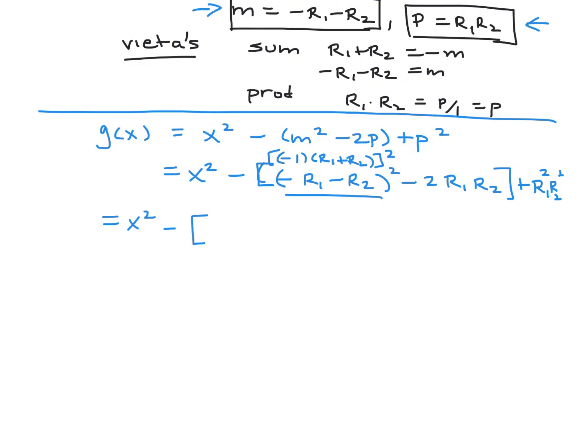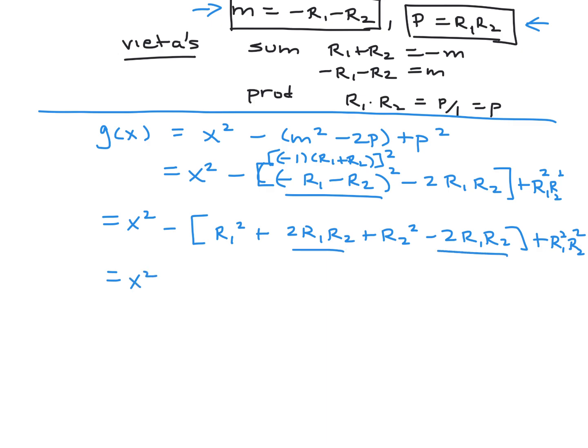So then this is just going to be r1 squared plus 2 r1 r2 plus r2 squared minus 2 r1 r2, and then plus r1 squared r2 squared. So this is x squared, and I believe those cancel, so that just becomes r1 squared plus r2 squared plus r1 squared r2 squared. Okay, let me just see here.